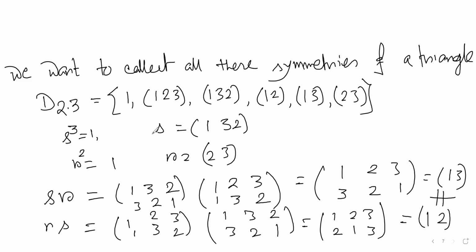And similarly we can prove that if we take any composition of these elements, we get another element from this set only. So with respect to composition, D2 into 3 forms a group. Now what is the meaning of composition?